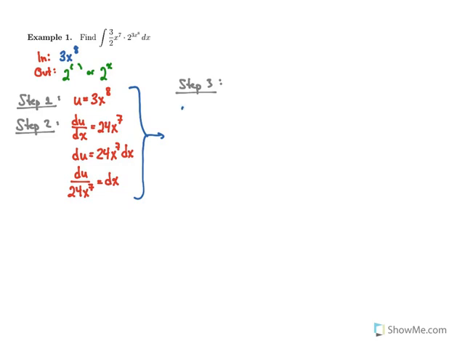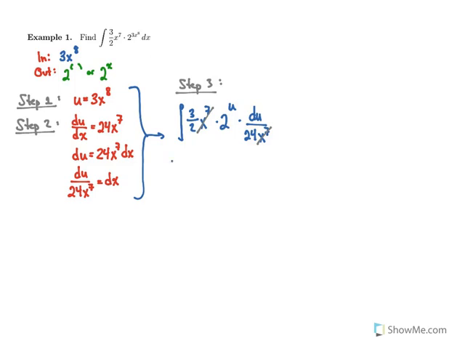So we have a 3/2 x to the 7th that we're not going to touch yet. We have a 2 to the u power times dx, which is going to be du over 24x to the 7th. And we know we've done everything correct if we can cancel out all of the x's, which we can.